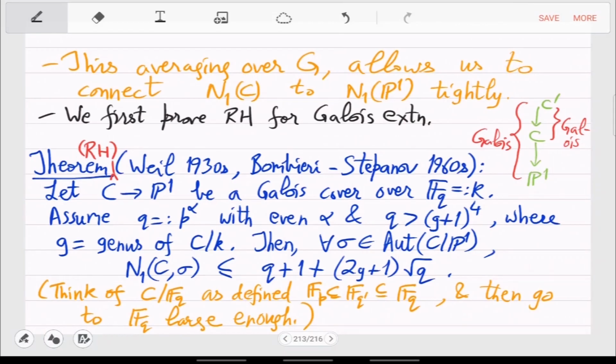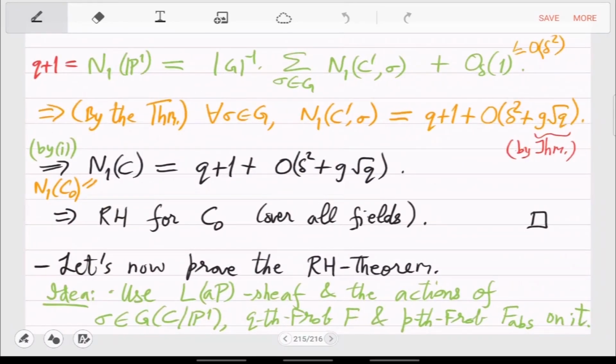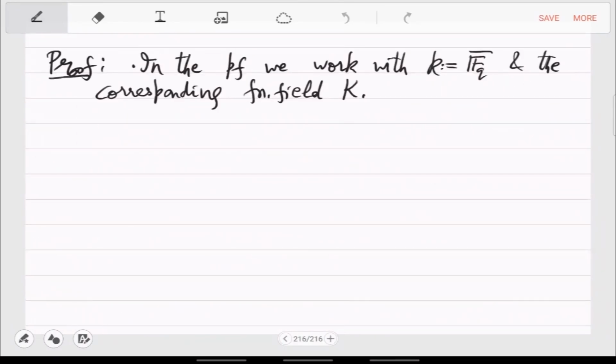N_1 is defined only by fixed points of the Qth Frobenius, so changing the base field will not change this number, and that is the upper bound we want to show. So either the count is 0, then we are done of course.